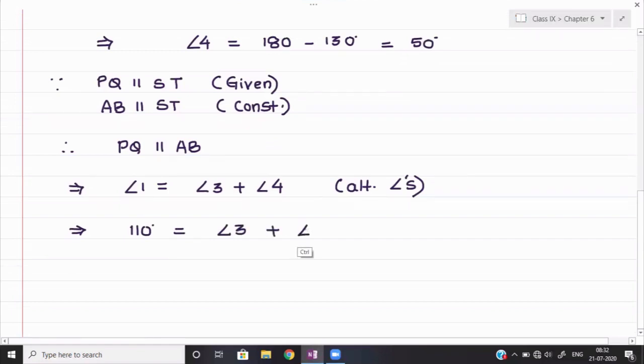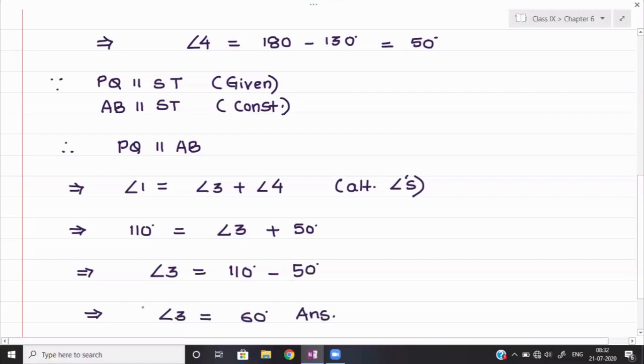Sorry, angle 4 value we can put here, that is 50 degrees. Which implies that angle 3 will be equal to 110 minus 50 degrees, because 50 will go to that side, so it will be subtracted from 110 degrees. So angle 3 will be equal to 60 degrees, and this is your answer.